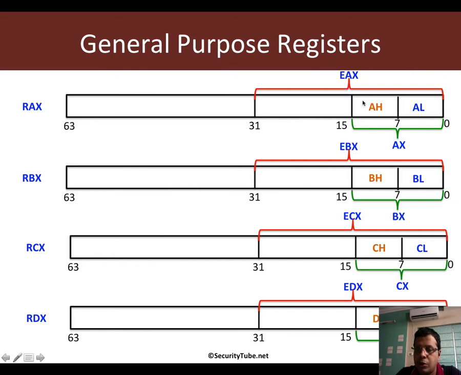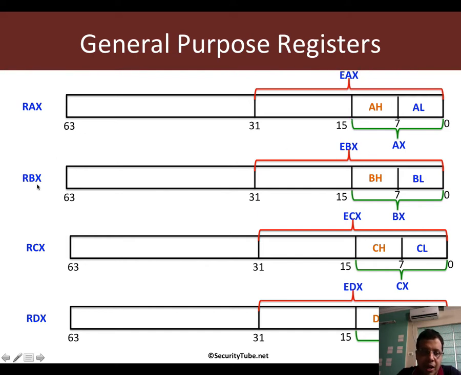Now you can also access the higher order byte inside AX by using AH, right? And this is really going from position 8 to position 15.